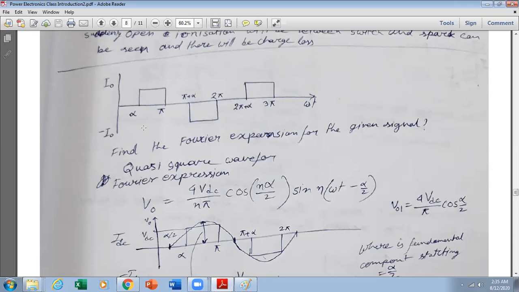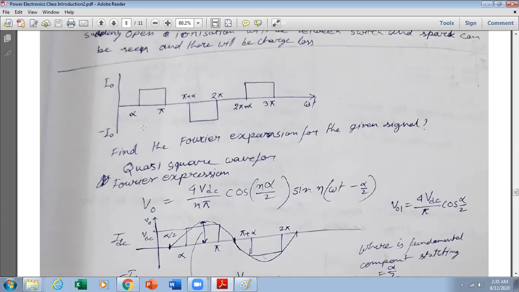You can see that it is not starting from 0, it starts from alpha, and in pi, one cycle, and then again it is starting from pi plus alpha to 2 pi plus alpha.